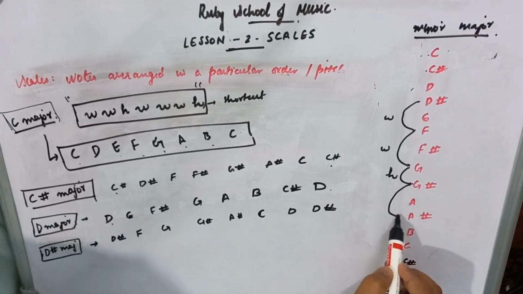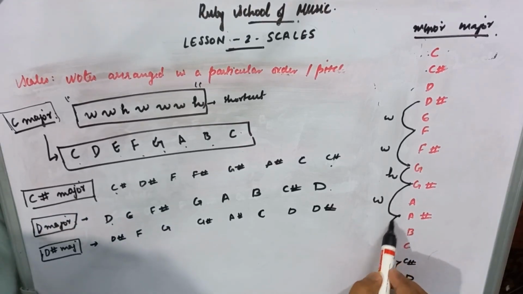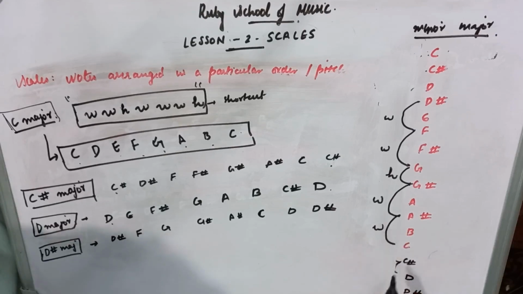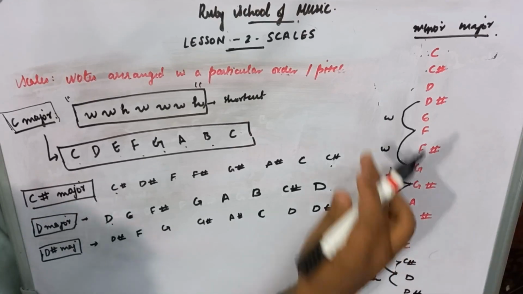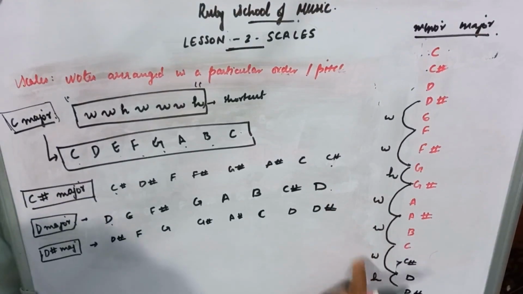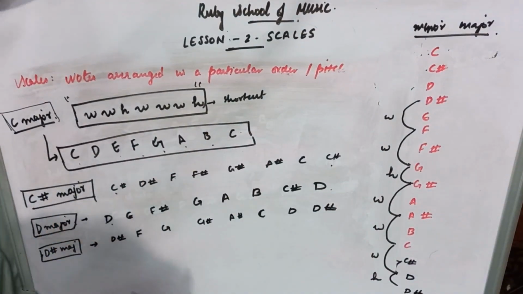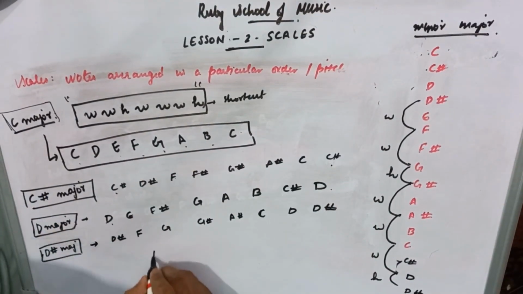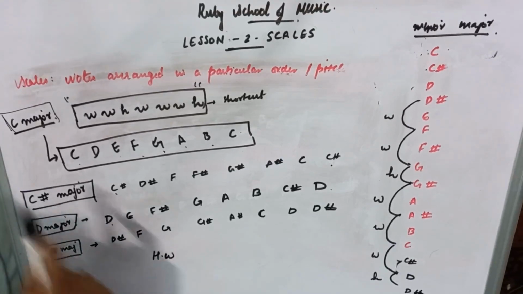Then G sharp to A sharp, that is a whole note. A sharp to C, that is another whole note. Then another whole note is also needed, so that is C to D, then D to D sharp. See, whole, whole, half, whole, whole, whole, half. This is the formula. Now in the same way, this is the homework.